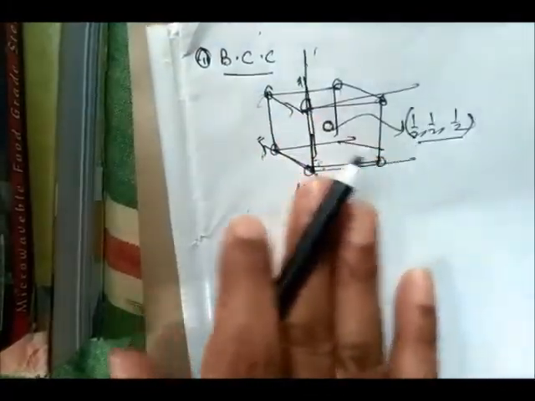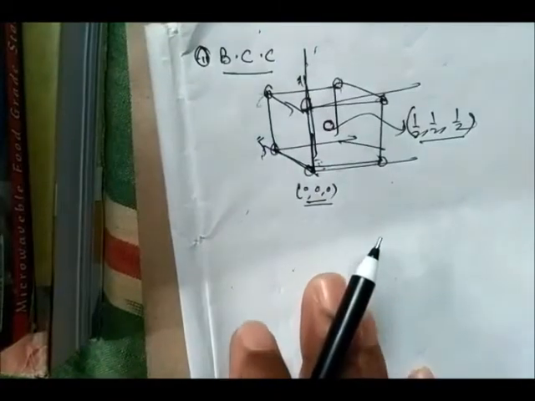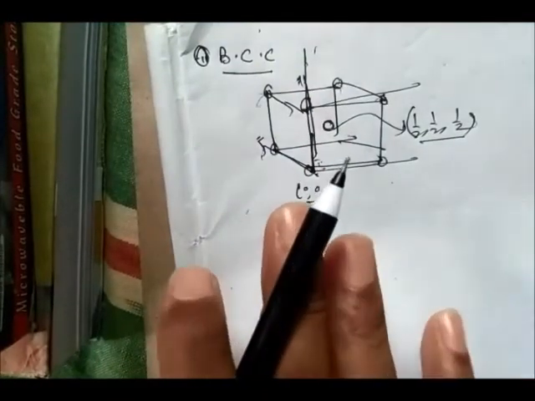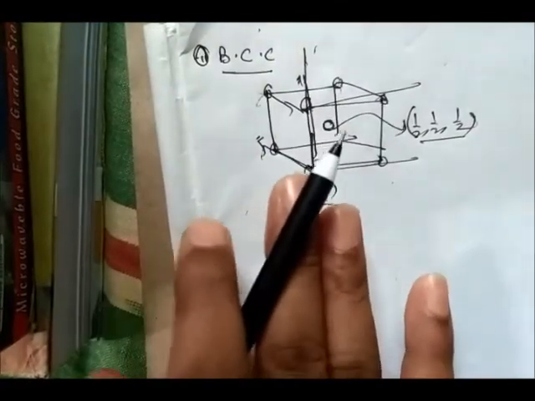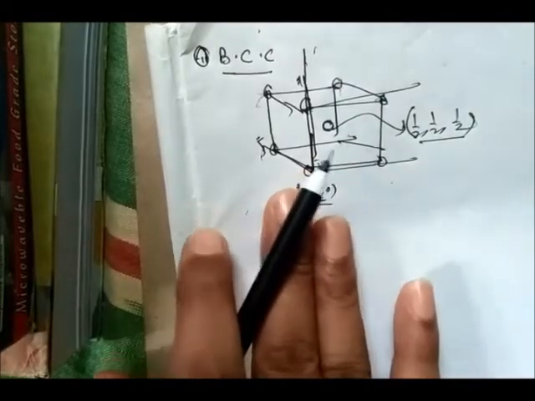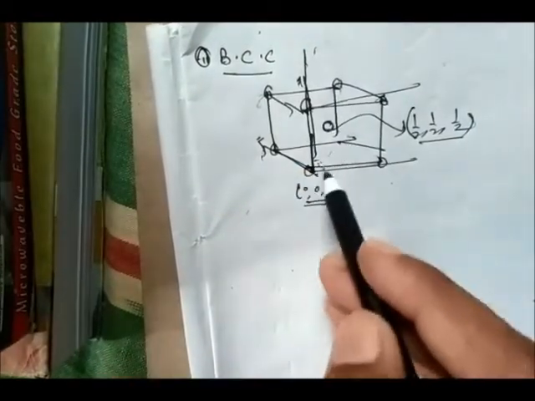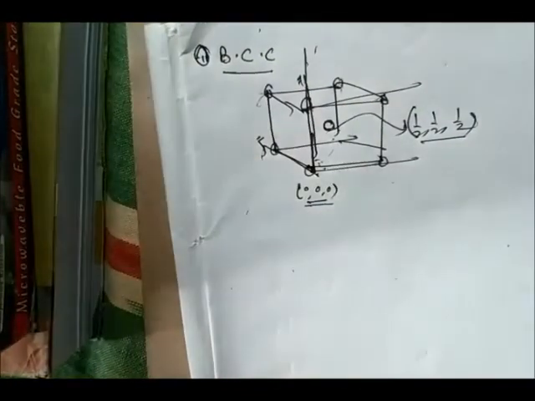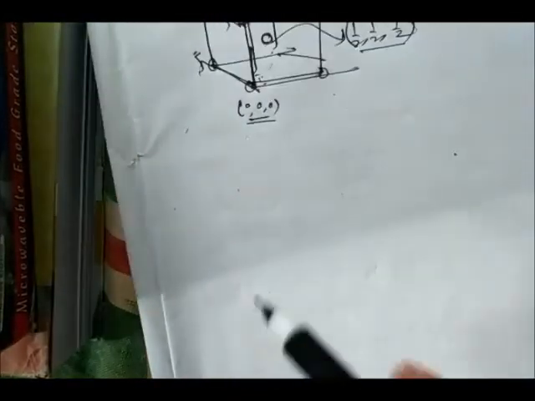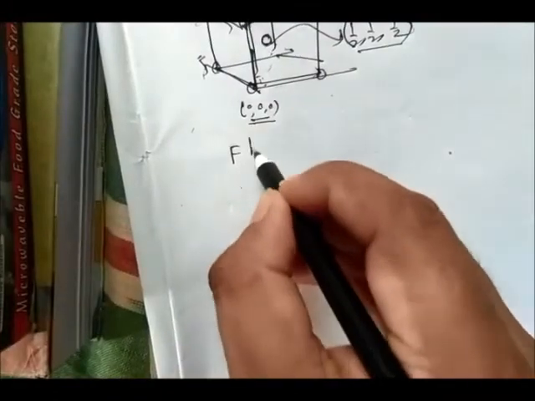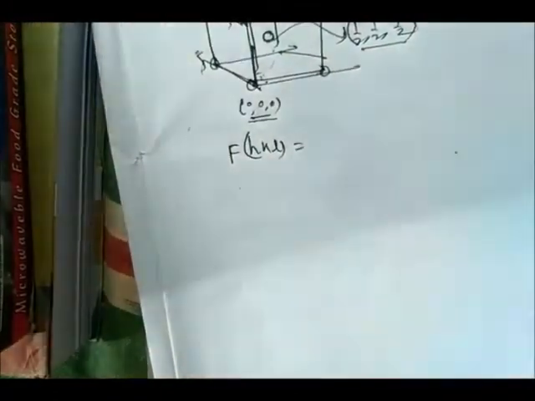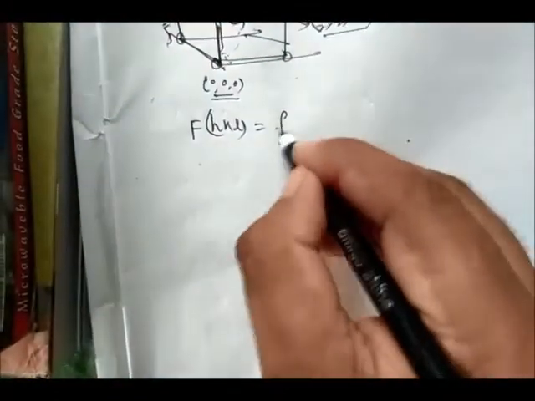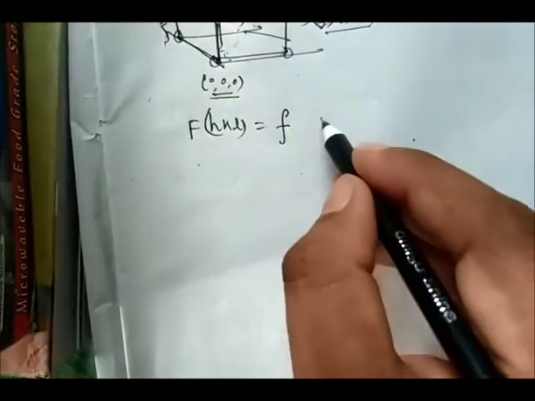So for the sake of computation of this structure factor, I am only using these two atoms at 0 0 0 and half half half. Now if you put F_hkl, what is the value of F_hkl? Here this should be f, because all atoms are the same.